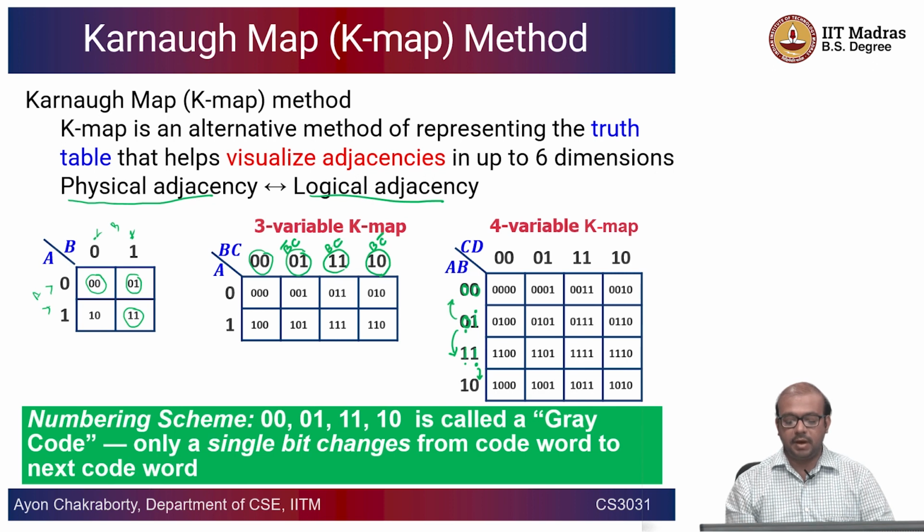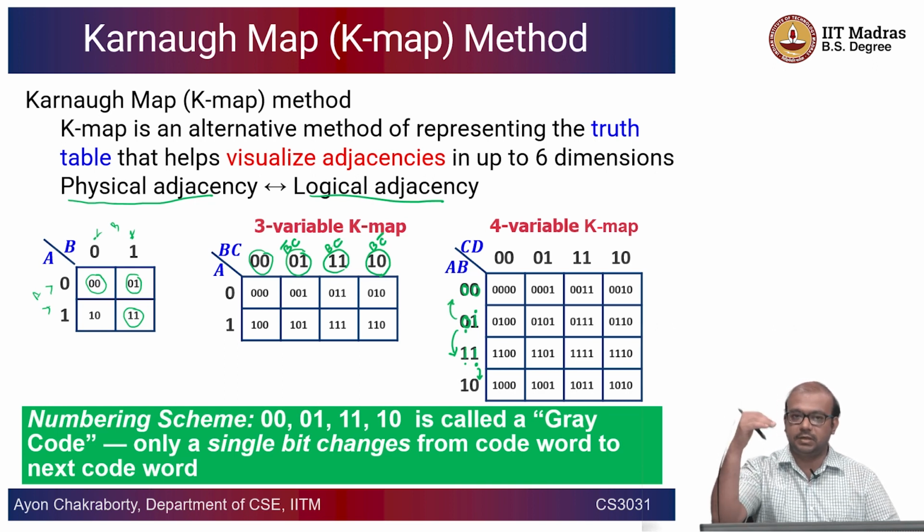This numbering scheme has a special name, it is called gray code. It is a sequence in which only a single bit of the code word changes its value. You have a sequence of these codes, let us say a 3-bit number, or a 4-bit number, or a 5-bit number.